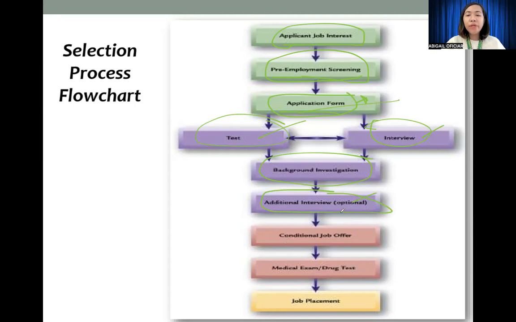And after the additional interview, you will make a conditional offer. As you can see here, it is conditional at first. Why?